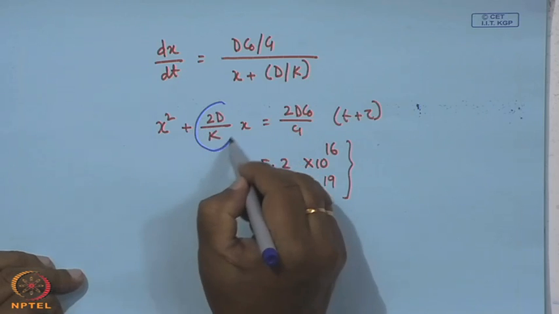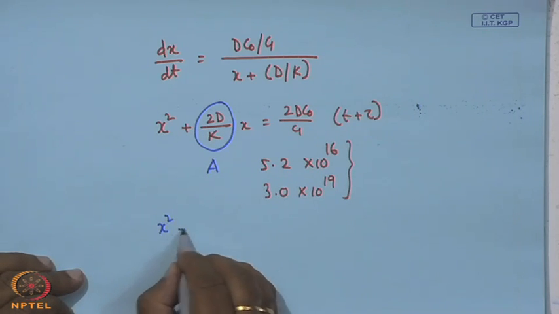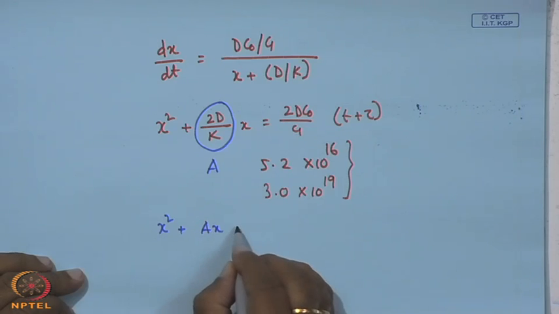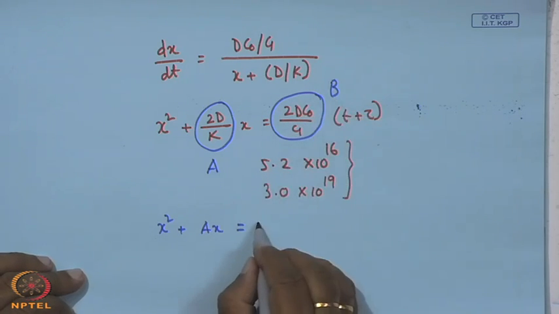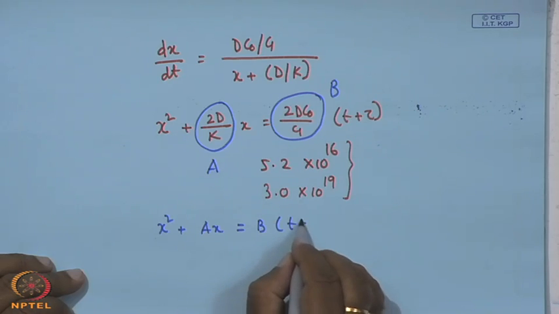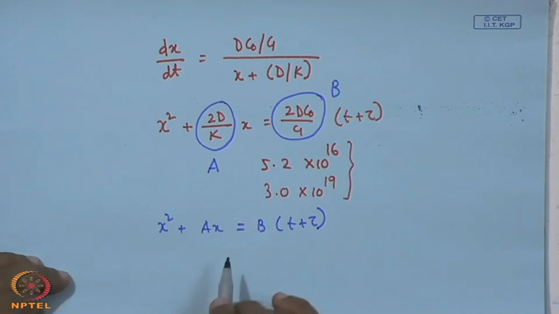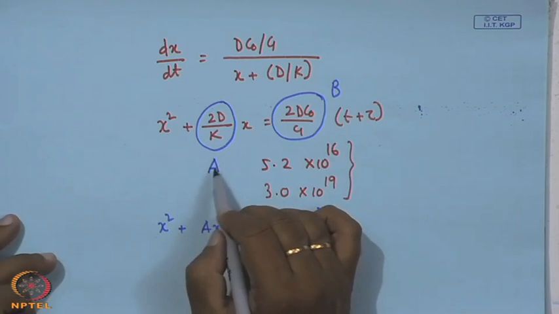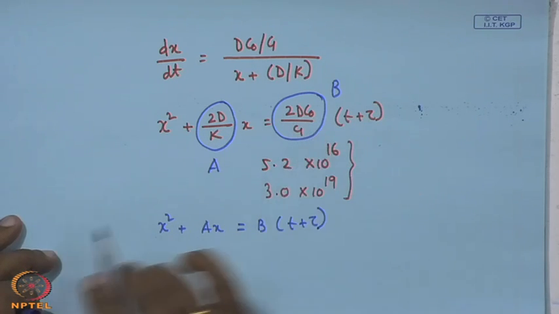So we can write x square plus a x equals b into t plus tau. Okay. So a and b have values like this: a equals 2 D by k and b equals 2 D C0 by C1.